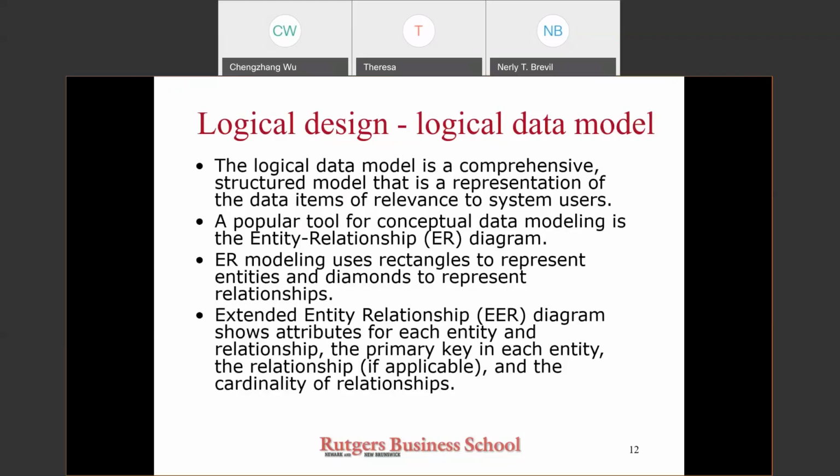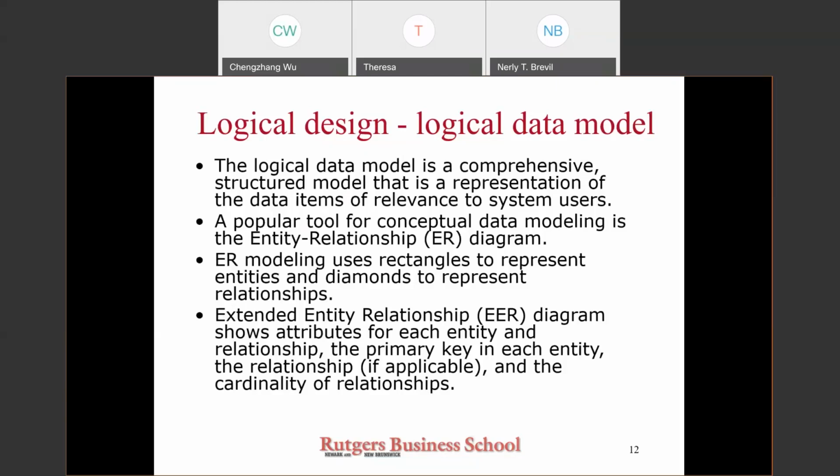Logical data modeling is also called conceptual data modeling, since the goal is to design a system at a conceptual level. A popular tool for conceptual data modeling is the ER diagram. ER diagram is called entity relationship diagram. This technique, the ER technique, will be discussed in detail in the next chapter.